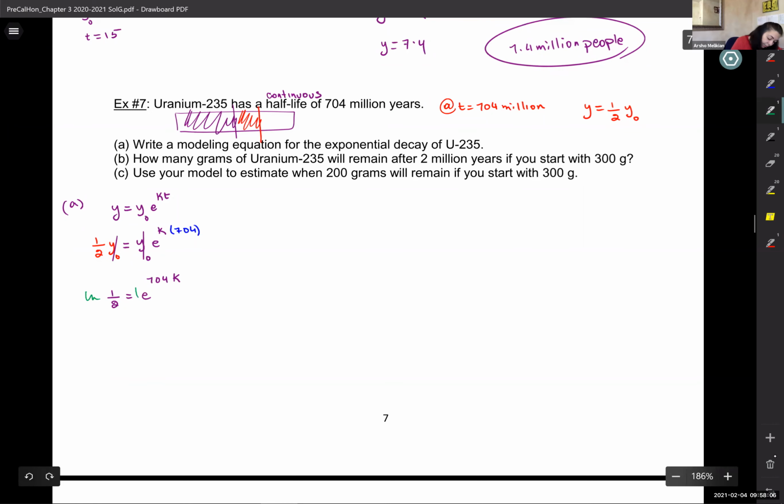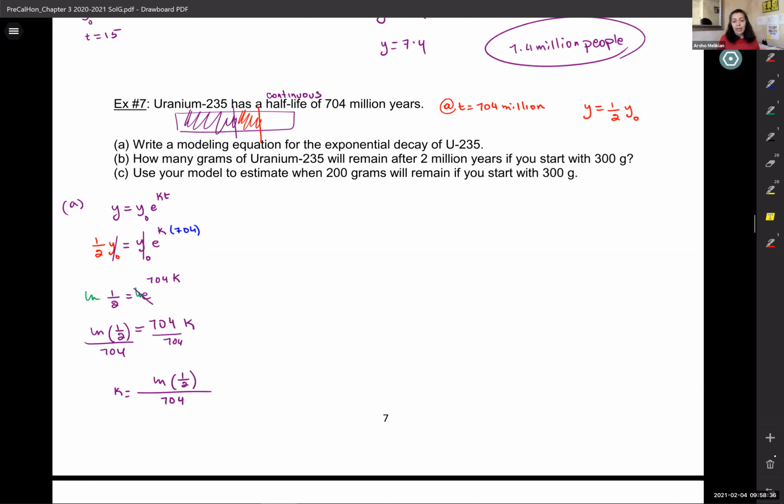Take the ln of both sides. So I get ln of 1/2 equals 704k. And so what's k? Divide by 704. K is ln of 1/2 over 704.